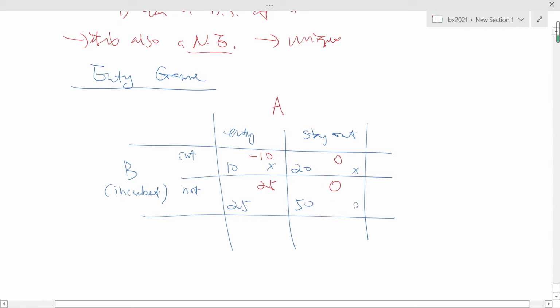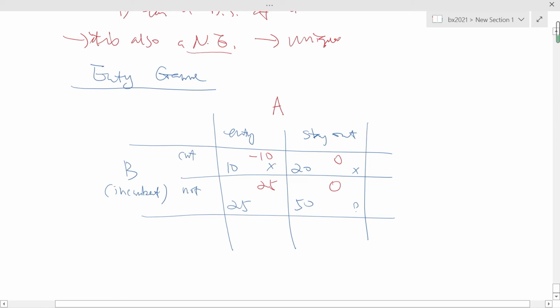Let's check whether this cell is a Nash equilibrium or not. Given that A stays out, will B deviate from not cut to cut? No, because deviation will decrease the profit from 50 to 20. Okay.